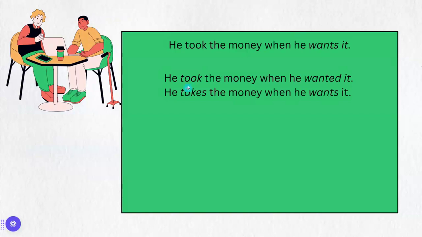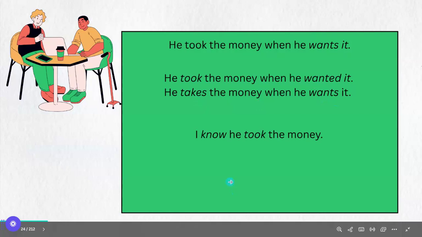"He took the money when he wanted it." Or "he takes the money when he wants it." Okay? But sometimes we need to have verbs with both present and past, sorry.